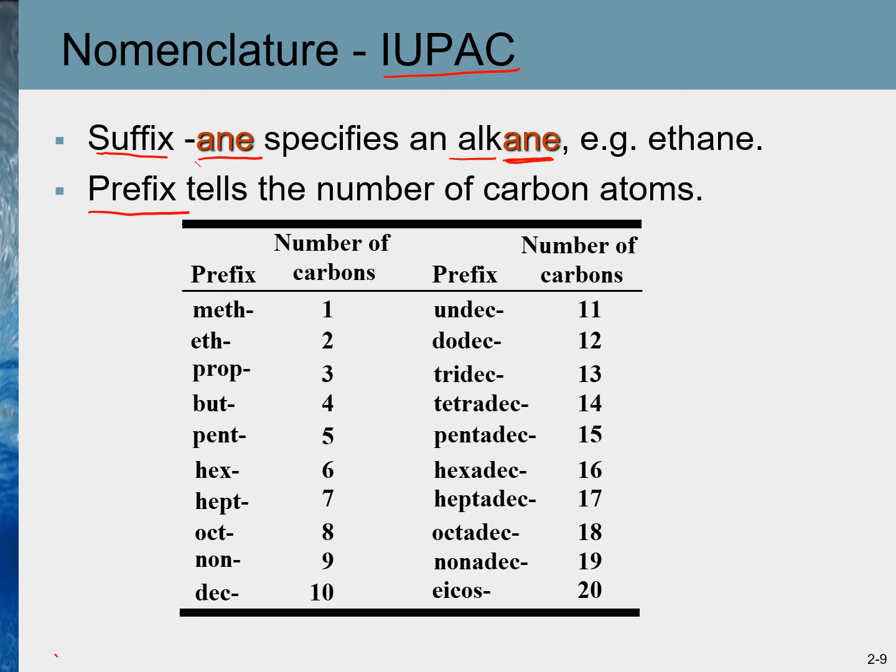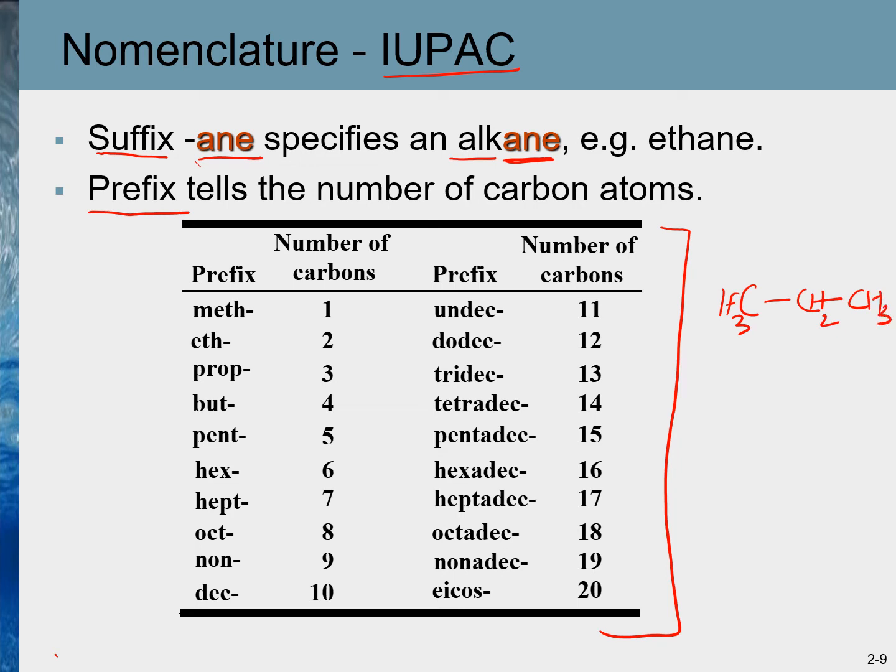This table gives us the prefixes which are used to identify or signify the number of carbon atoms in a chain. For example, if we have an alkane with a 3 carbon long chain, so that would be this one.